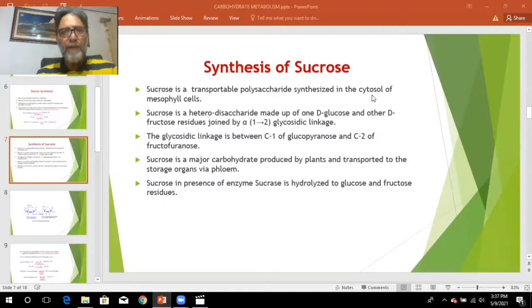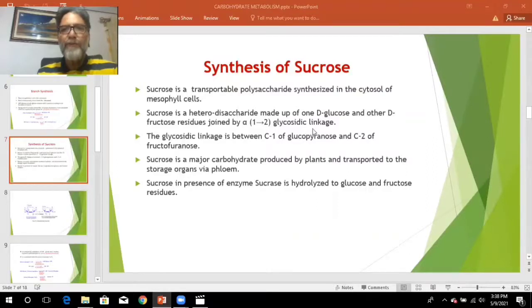Starch is synthesized within the stroma of the chloroplast, and sucrose is synthesized within the cytosol of the mesophyll cells. What is sucrose, first? It is a heterodisaccharide made up of two types of monosaccharide units, D-glucose and D-fructose, which are joined by a 1,2 glycosidic linkage.